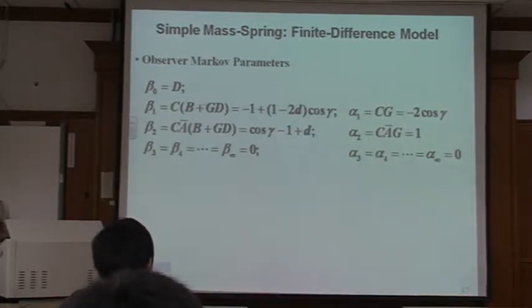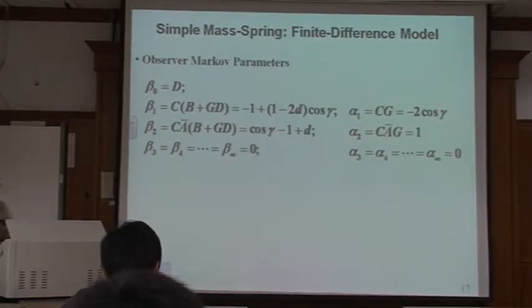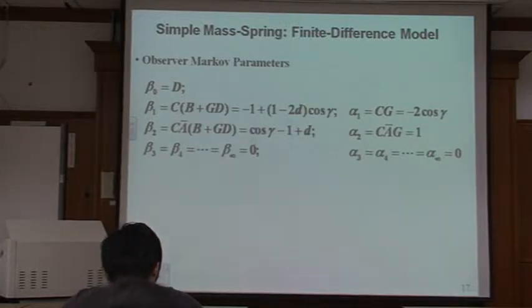Beta 0 equal to D. Beta 1 equal to C(B plus GD)(minus 1 plus (1 minus 2D) cosine gamma). Beta 2 equal to C A bar (B plus GD)(cosine gamma minus 1 plus D).